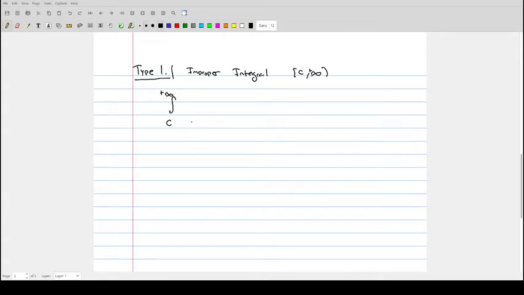The integral of f of x from c to infinity is the improper integral, or the accumulation of this function from some value c all the way out to positive infinity.